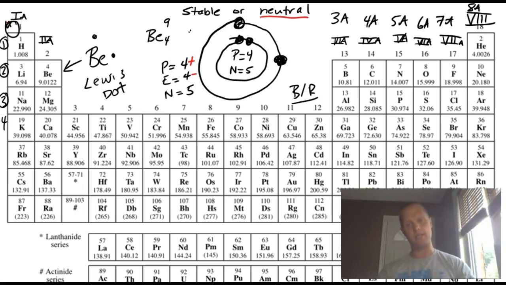You want to have a full shell to be stable. And if we look at this, we can see that it is not stable because it doesn't have a full shell. Remember, the shell holds 8? Well, it's not holding 8, it's only holding 2 right now. So what's going to happen when it becomes stable? Well, the answer is it's going to want to get a full shell. And the way that we get a full shell is we either gain electrons or we lose electrons.